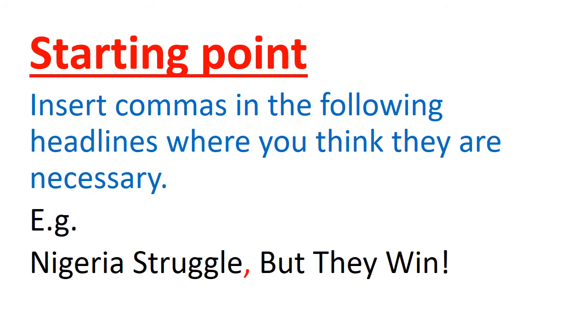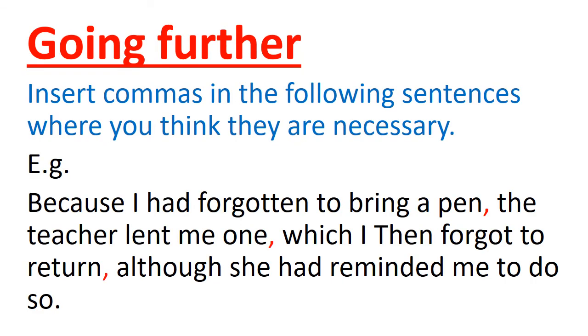Right. Let's go to going further. Insert commas in the following sentences where you think they are necessary. Here it is not a compound sentence. Here there is a complex sentence. Here we should use commas to separate the main clause from the subordinate clauses and the subordinate clauses from each other.